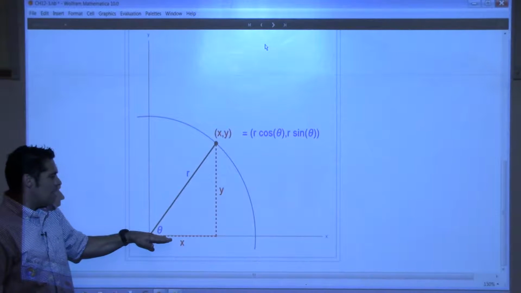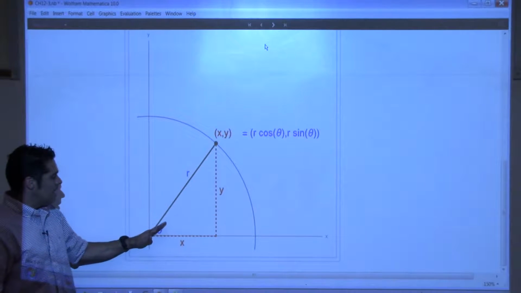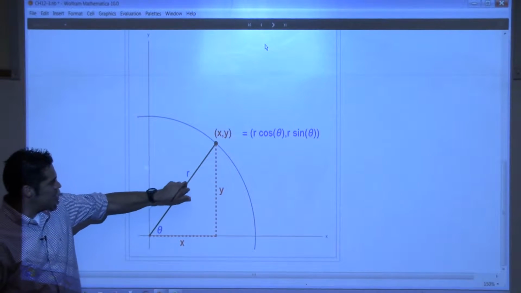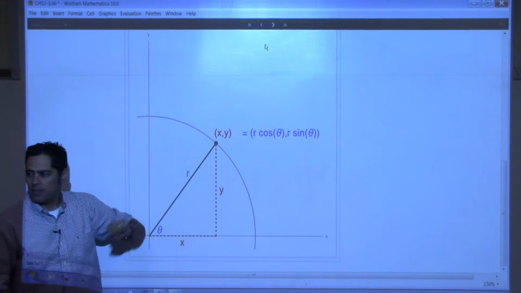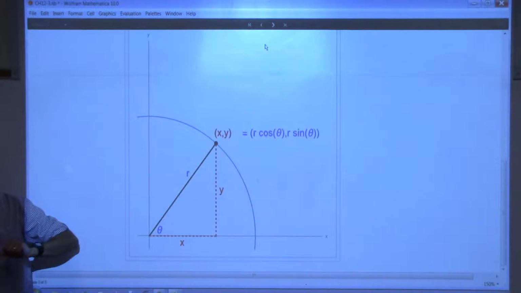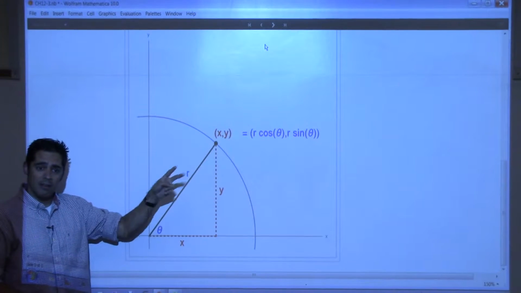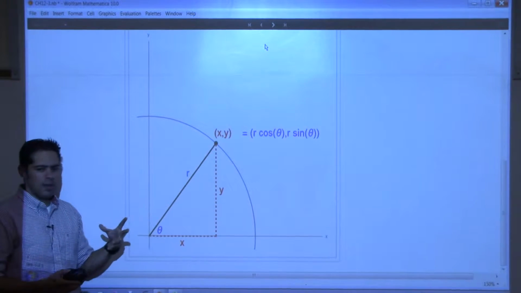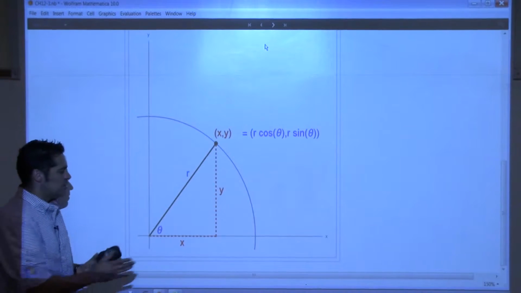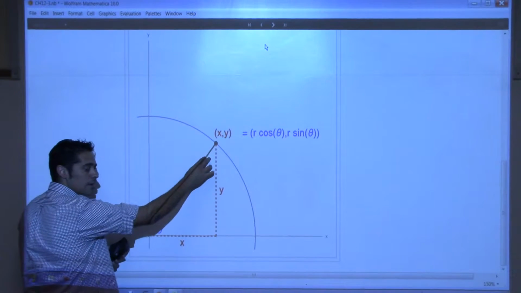So I tell you, turn by this angle, and you rotate, and then I say walk out a certain distance, which would be r, and that would take you to the same point x, y, wouldn't it? So there are 2 different ways we could get to that point: Cartesian, x, y, or this other thing, which we call polar coordinates, which gives you an angle and a distance to walk.